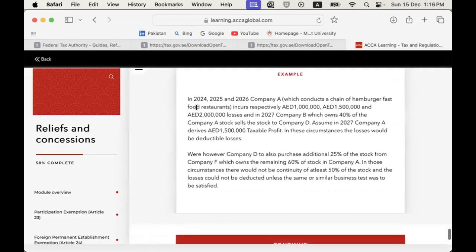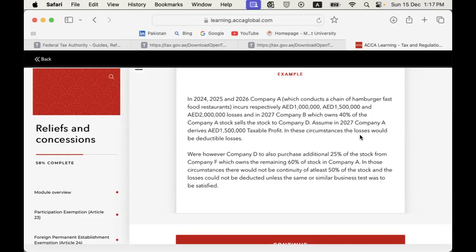Example, in 2024, 25, 26, Company A, which conducts a chain of hamburger fast food restaurants, incurs respectively 1 million, 1.5 million, and 2 million losses. And in 2027, Company B, which owns 40% of the Company A stock, sells the stock to Company D. Assume in 2027, Company A derives 1.5 million dirhams taxable profits.